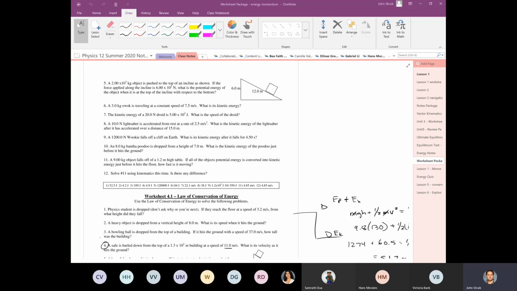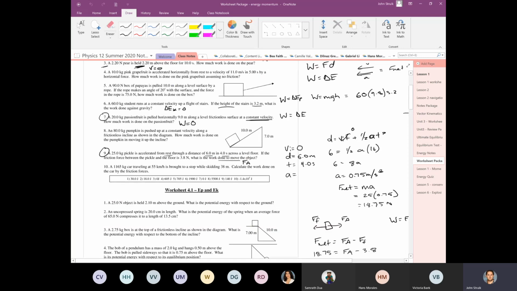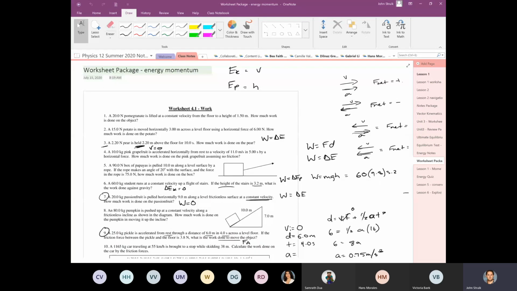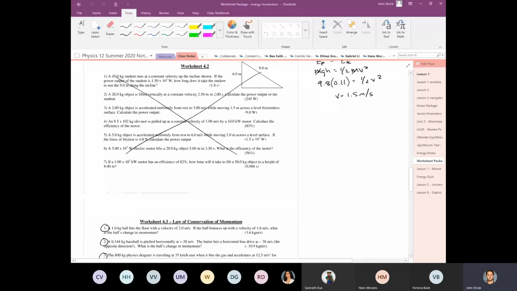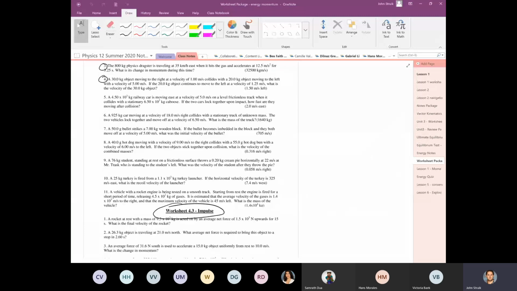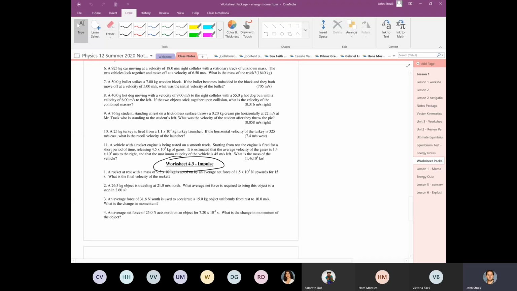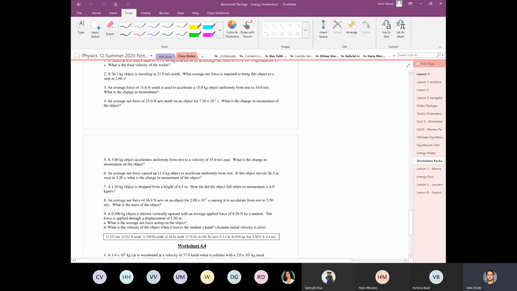Number 9 from worksheet 3.4. Where's 3.4? 4.3? That would make more sense. Yeah, 4.3. And number 5 from 4.4. Okay. Which 4.3?